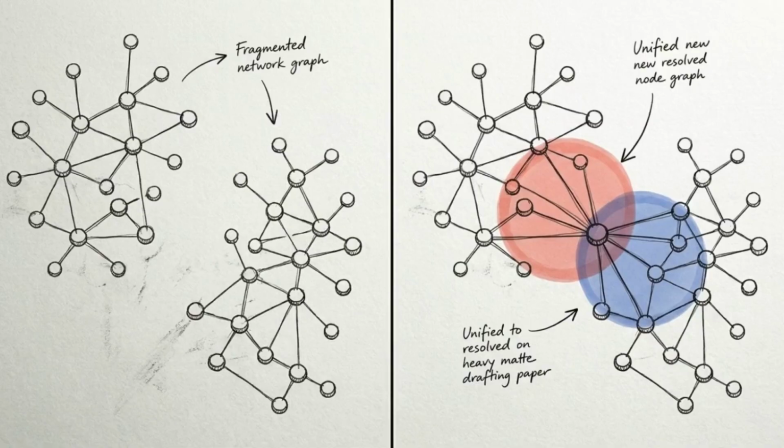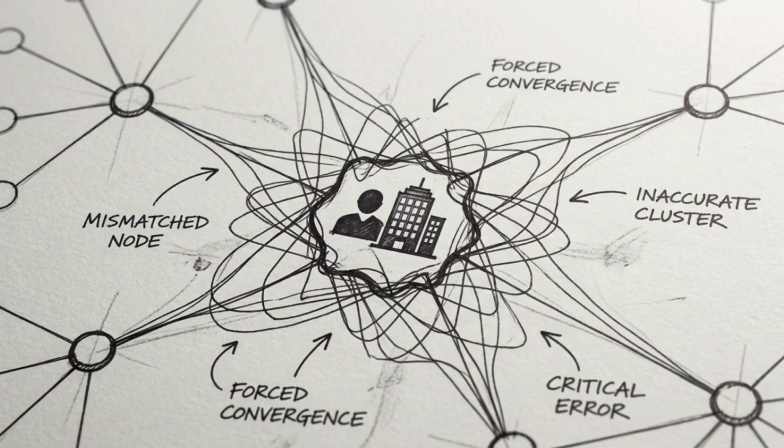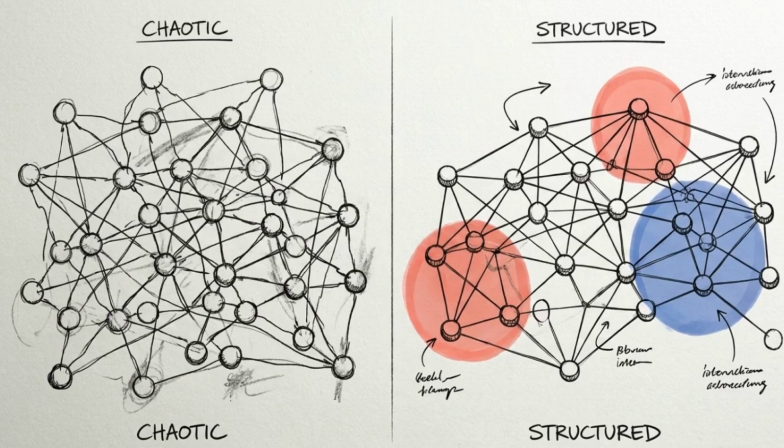Treating one real person as two separate nodes severs the connecting edges, leaving investigators chasing false leads. Conversely, incorrectly merging two different individuals creates a false link, corrupting the geometry of the entire graph. Entity resolution provides vital data sanitation. It ensures investigators are connecting the correct dots before they apply advanced mathematics to the network.